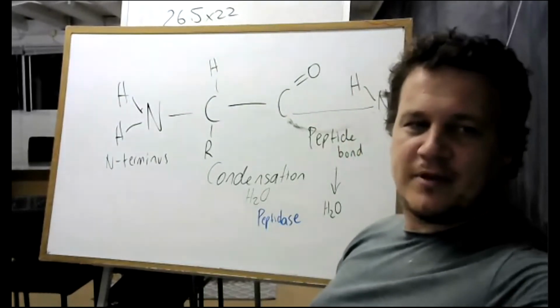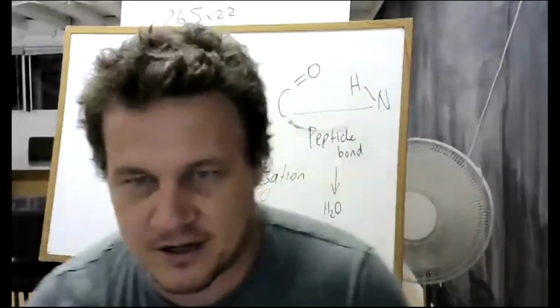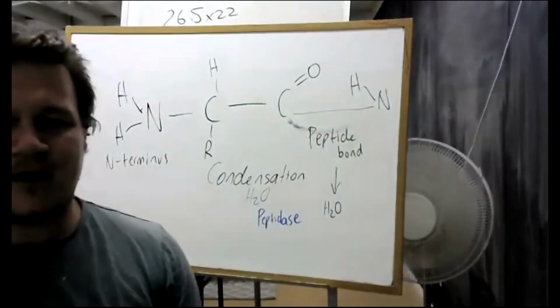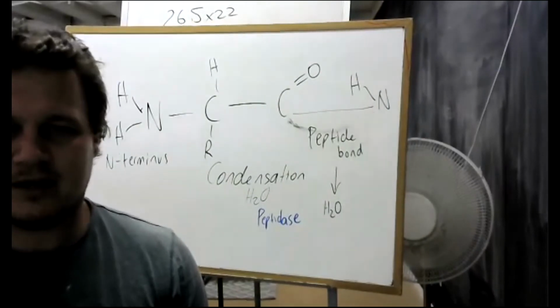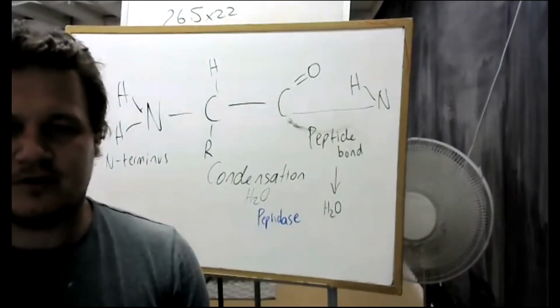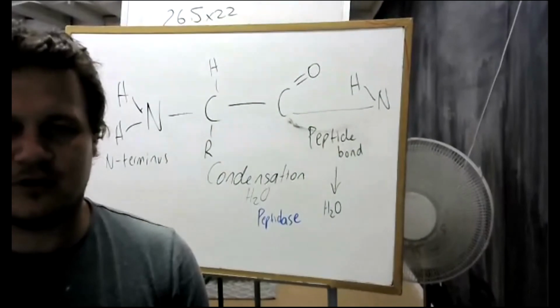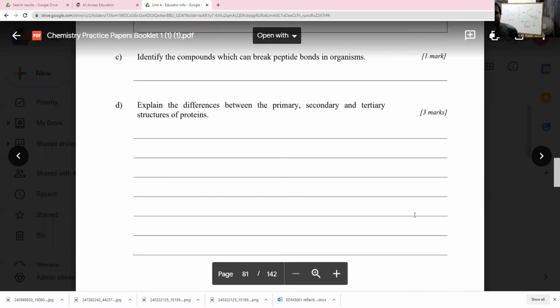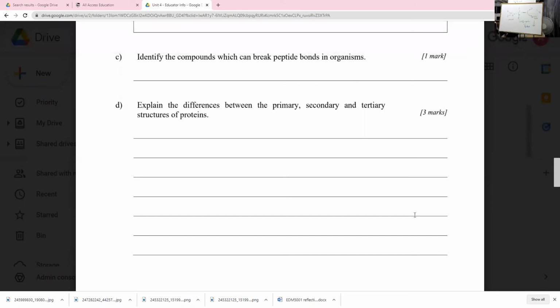And the last part of the question is what you guys are going to do, and then we will come back to it next week. So this is your homework question. Explain the differences between the primary, secondary, and tertiary structures of protein.